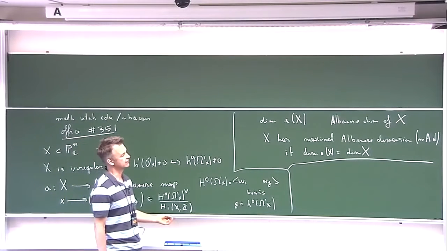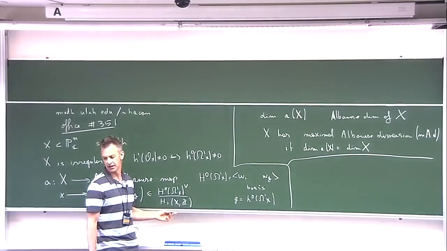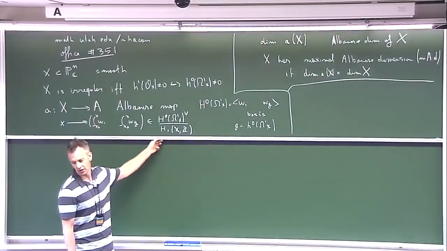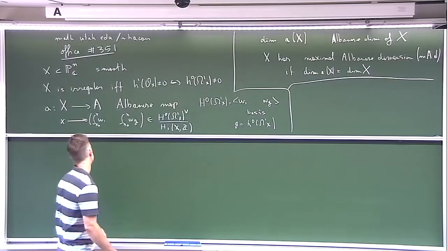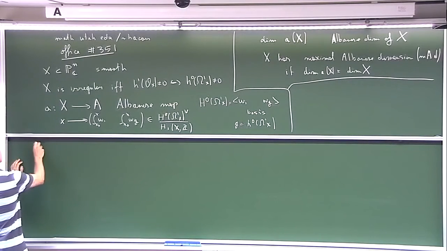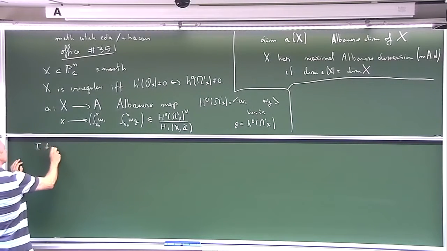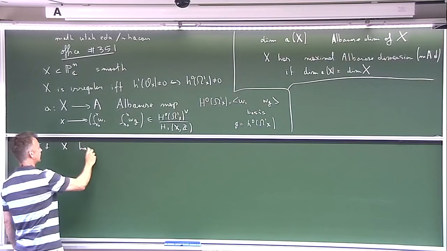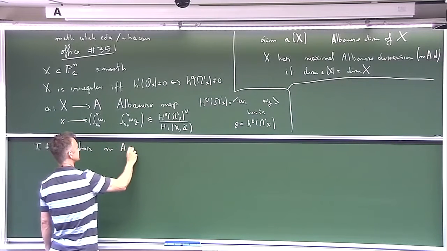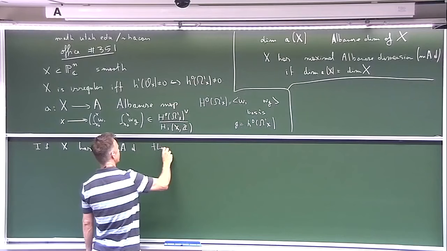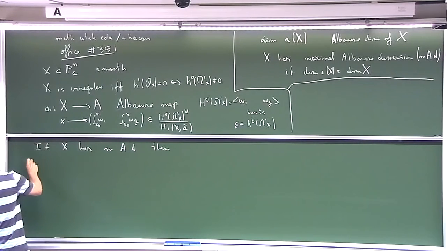Maybe I'll start by giving a preview of some of the results that are known for varieties of maximal Albanese dimension. If X has maximal Albanese dimension, then several things are known.